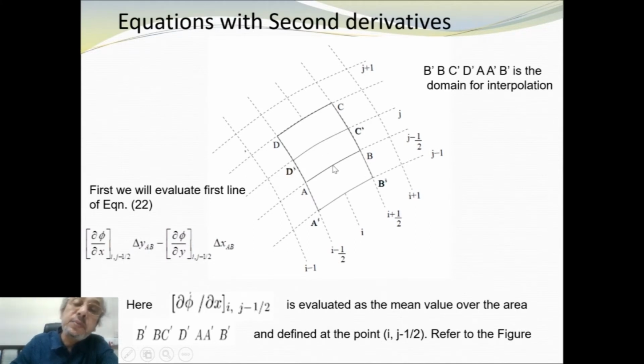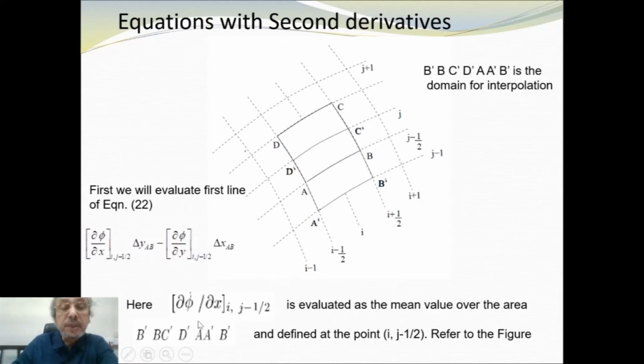If this had been the center of a cell, then A prime, B prime, C prime, D prime would have been the element surrounding that cell, and we have to find the mean value of del phi del x on this area, which will eventually be defined at i, j minus half.